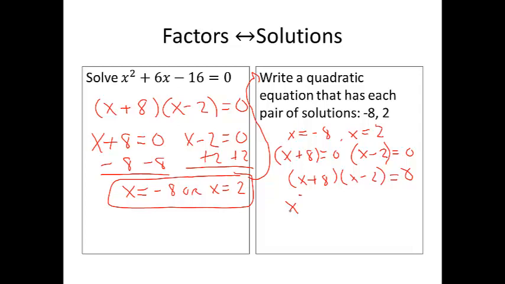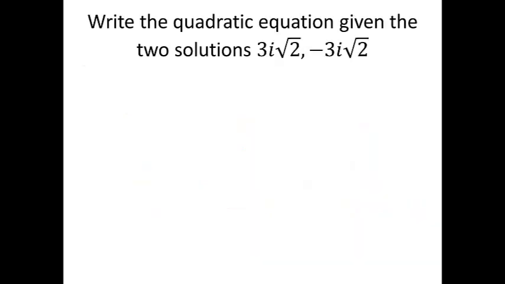So I have x squared minus 2x plus 8x, or plus 6x, and then minus 16 is equal to 0. This would be the quadratic equation that has a pair of solutions of negative 8 and 2. So notice we just reversed the steps from the left side to the right side. So let's apply those steps now, given a more difficult example.